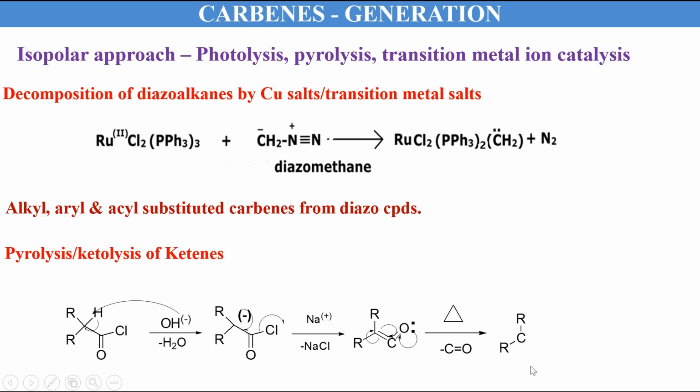Carbenes are neutral because one set of electrons has come inside and another set of electrons has gone outside. That has become neutral; it's a neutral carbon. This is how the pyrolysis of ketenes can give rise to the corresponding carbenes.